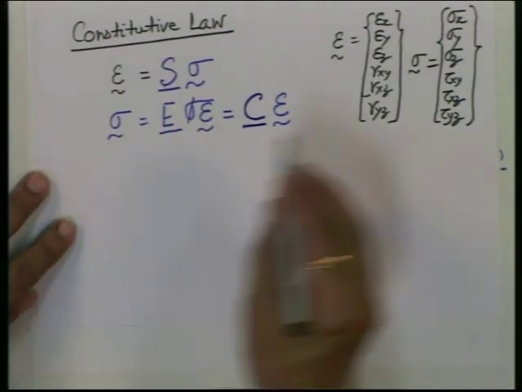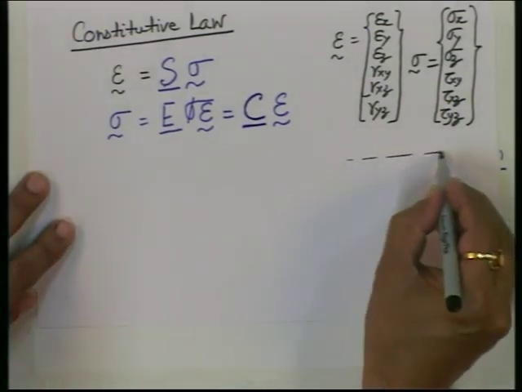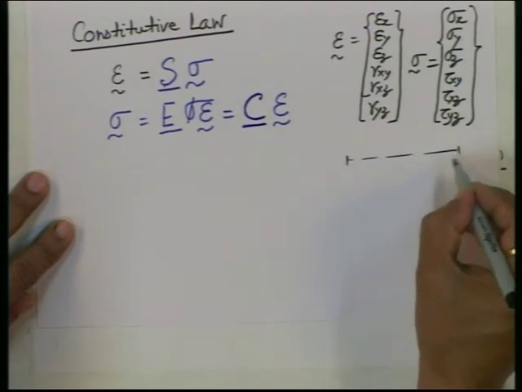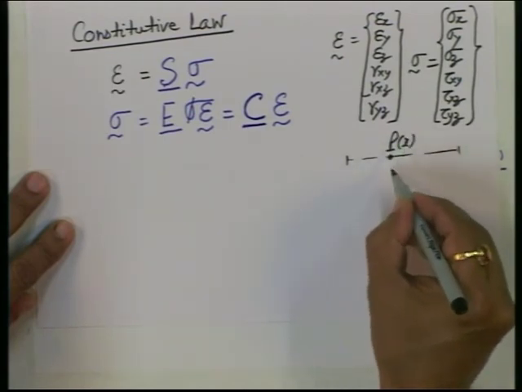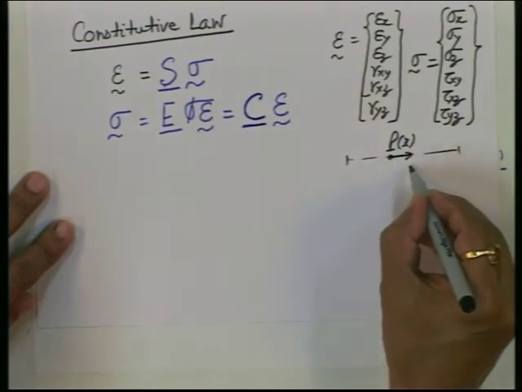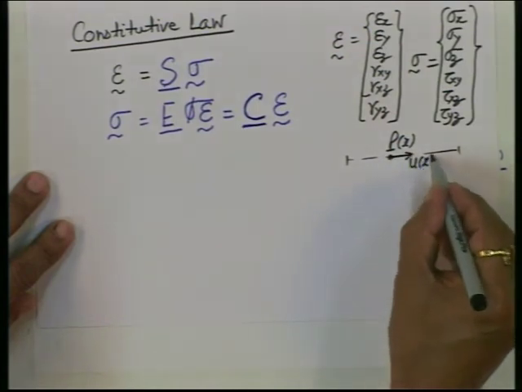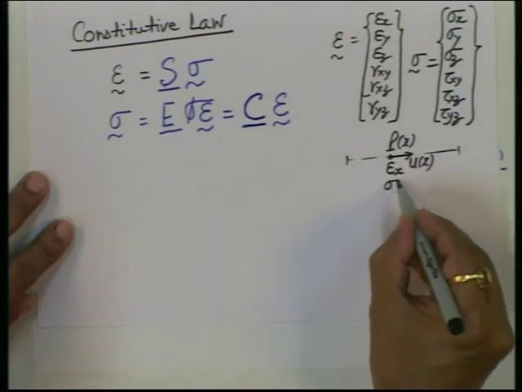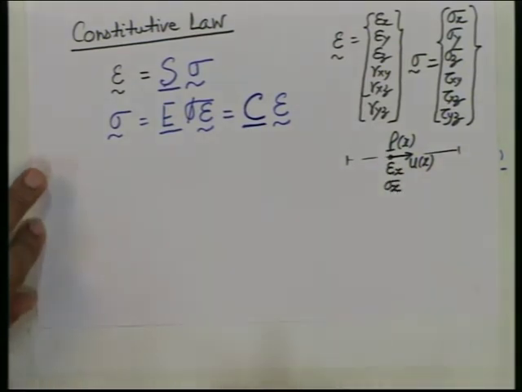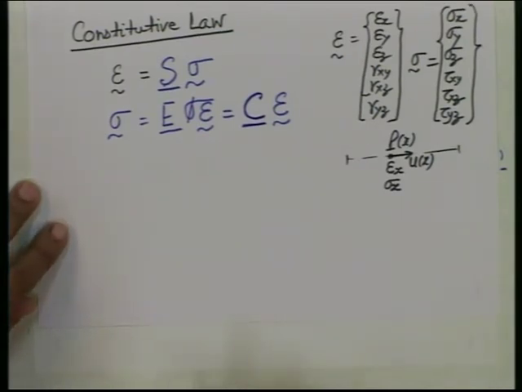So, for our rod, 2 nodes, point P at x, you are having a displacement u, and you are having a strain here and a stress here, only one component, not all the 6 components. So, stress and strain will be related by a simple Hooke's law, not generalized Hooke's law.